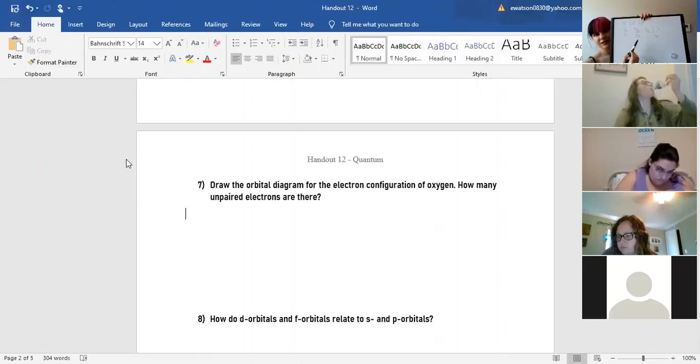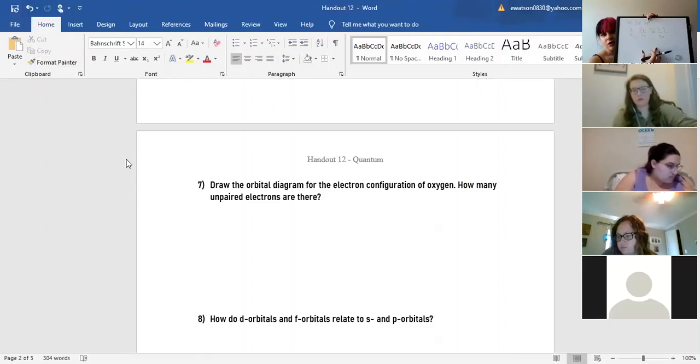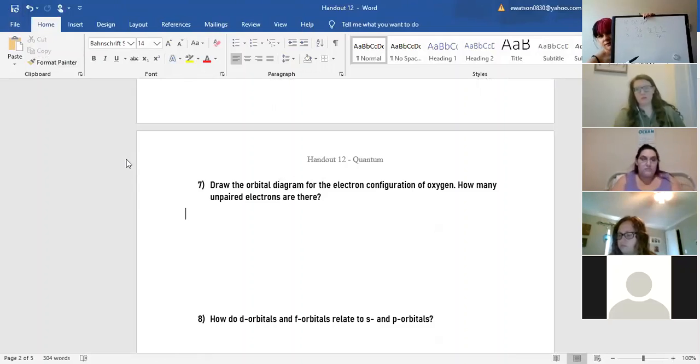You have to have at least one on each line before you can start making pairs. So based on this, how many unpaired electrons are there in oxygen? 2.